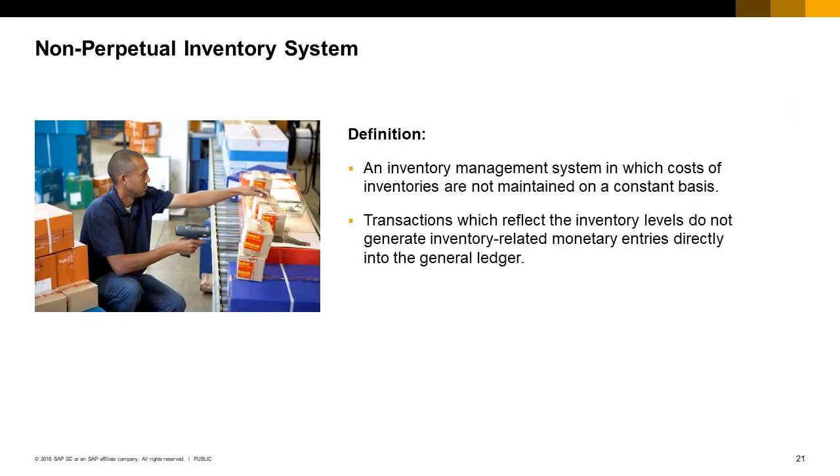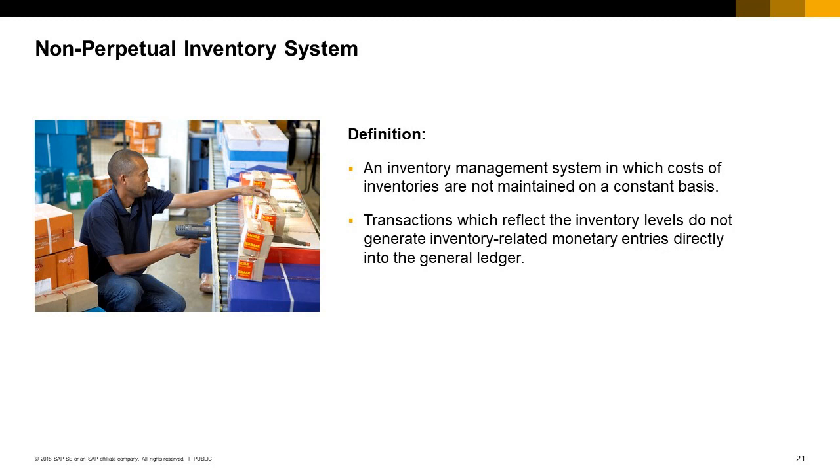We have talked a lot about perpetual inventory. Let us take another look at the alternative method. A non-perpetual inventory system is an inventory management system in which costs of inventories are not maintained on a constant basis. In a non-perpetual inventory system, sales, purchasing, inventory, and production transactions, which reflect the inventory levels, do not generate inventory-related monetary entries directly into the general ledger.